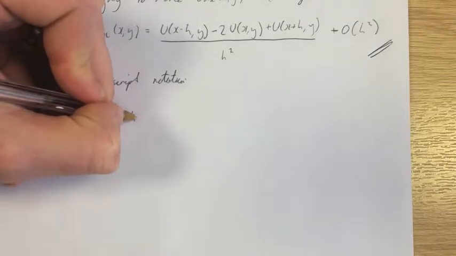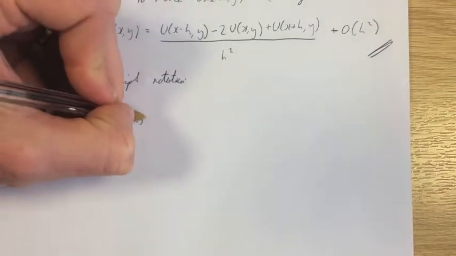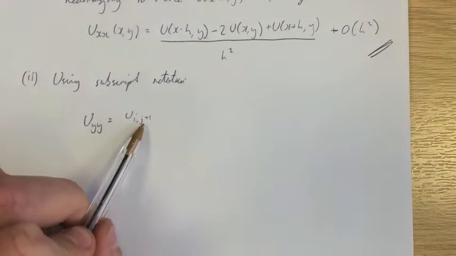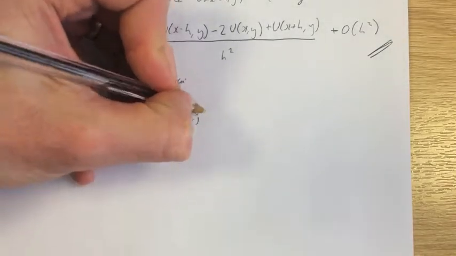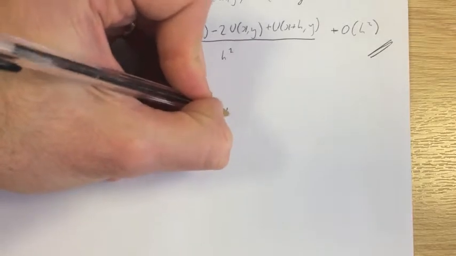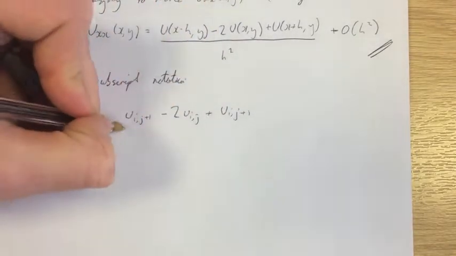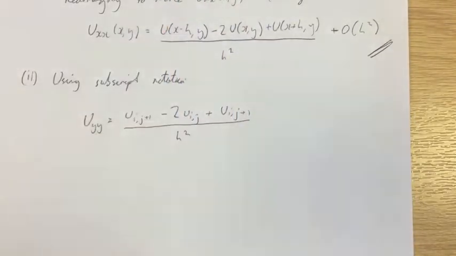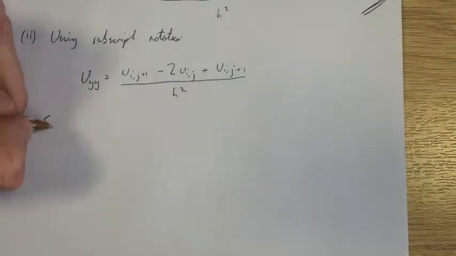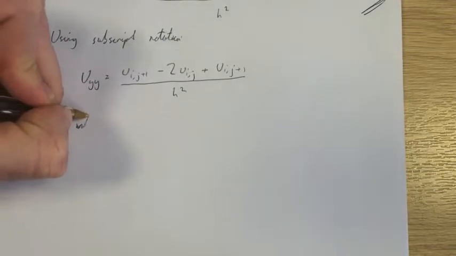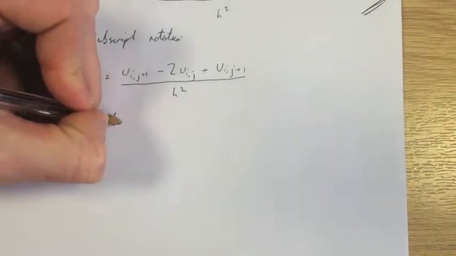So u_i,j+1 means u(x, y plus h), and essentially it's the same as in the x direction. Now Laplace's equation, so we substitute into Laplace's equation.